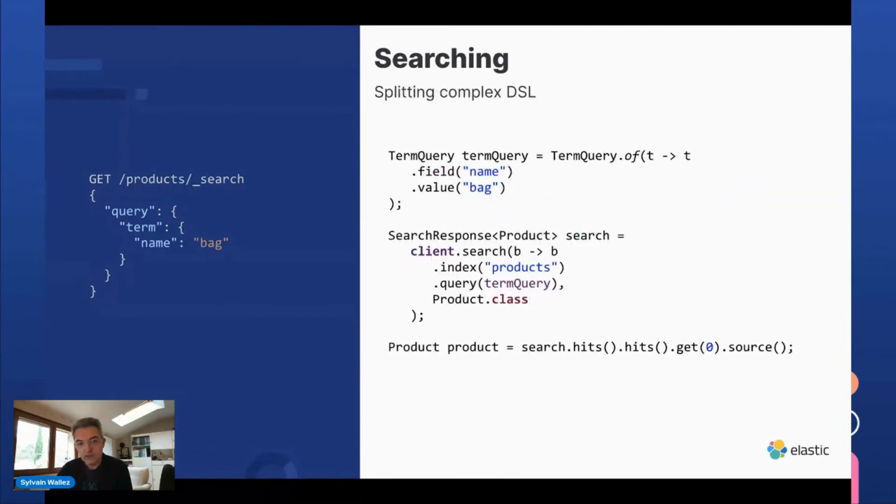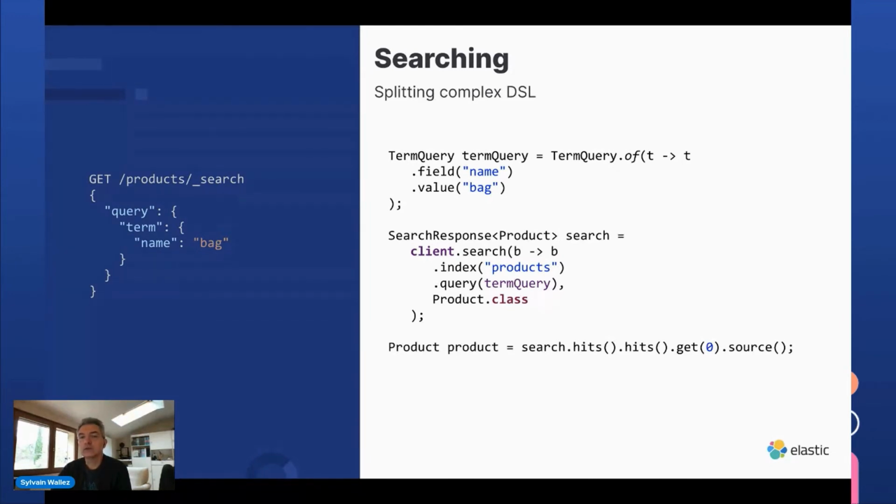Sometimes this DSL approach can become a bit complex when you have deeply nested queries. So you can still split it and have different subparts of your query as independent objects. Here we see another helper from the new client, which is the _toQuery method. So you have the class name of the final object, here TermQuery, and then you call _toQuery.